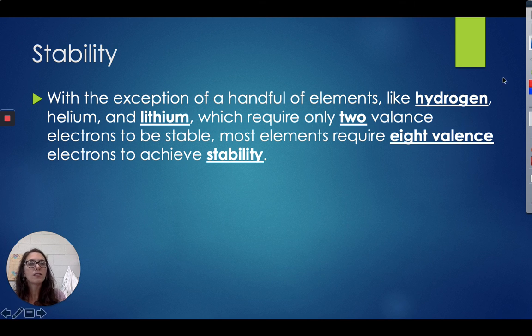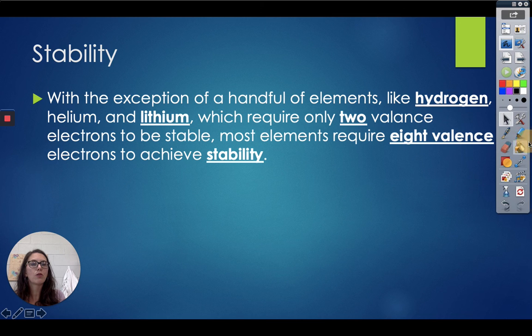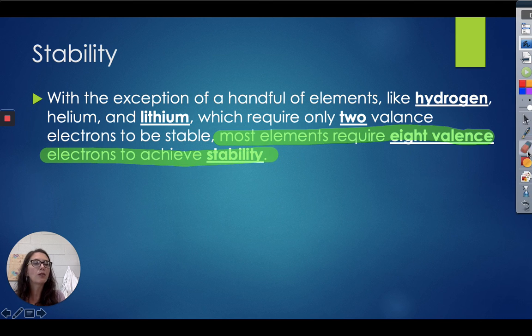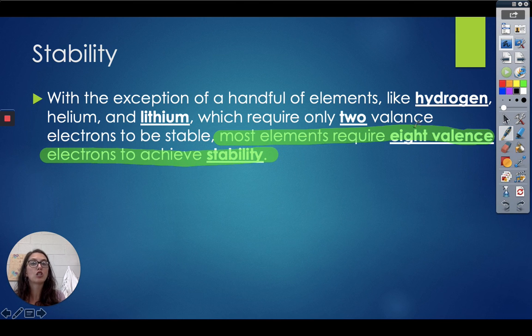All right, so let's highlight real quick the requirements for stability. Let's say most elements require 8 valence electrons to achieve stability. And I would even go so far as to circle the word 8, because that's just really important. That's like the magic number when it comes to stability of atoms.